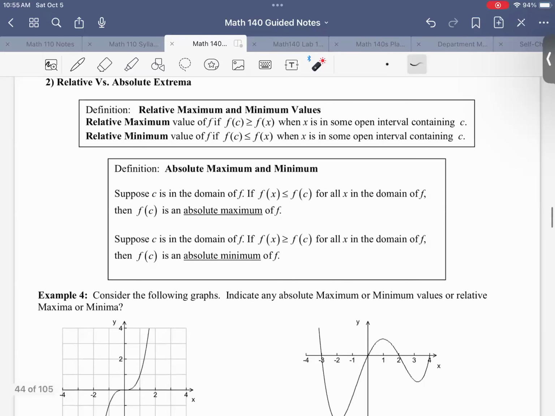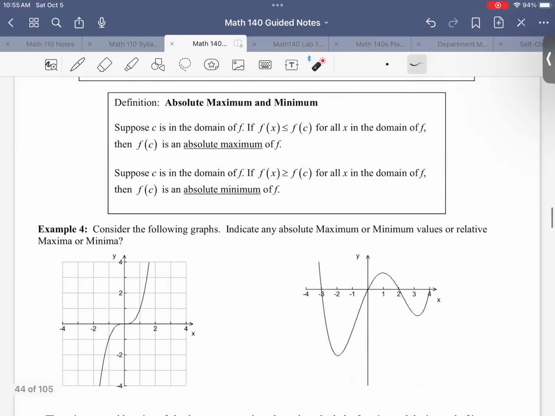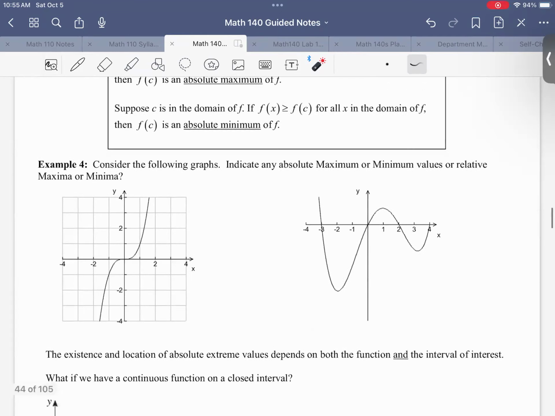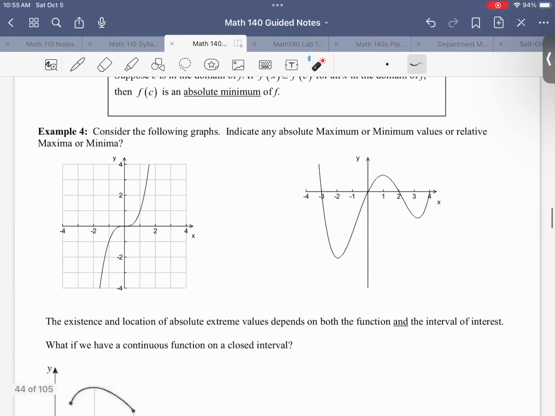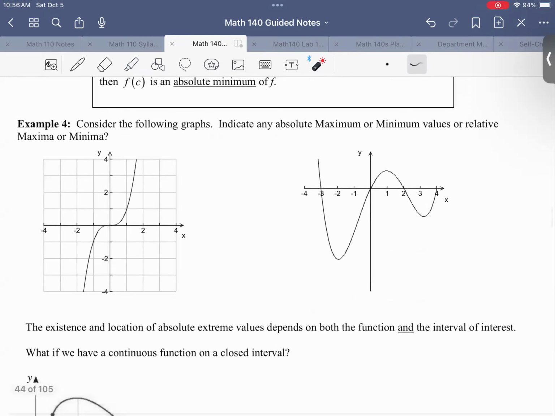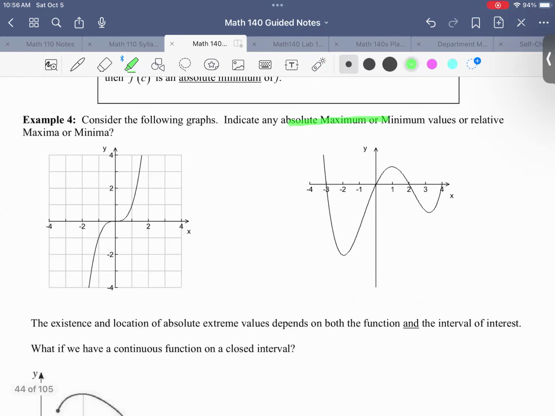Okay, so if these definitions are a little confusing, let's look at some graphs and see exactly what we're talking about. In example 4, consider the following graphs and indicate any absolute maximum or minimum values or relative ones. So it could be either, absolute or relative.